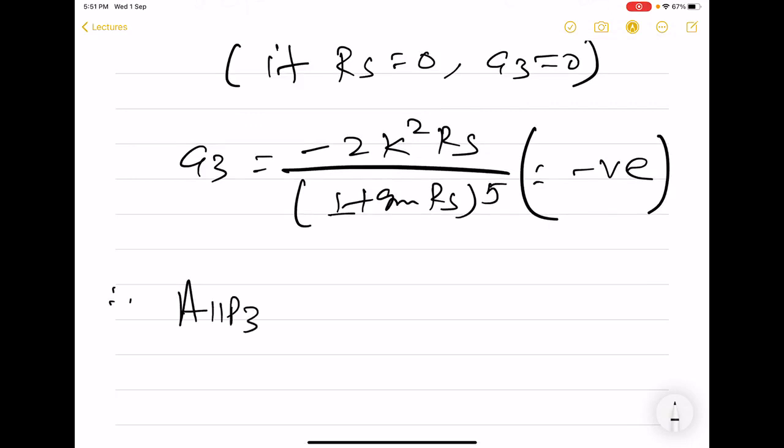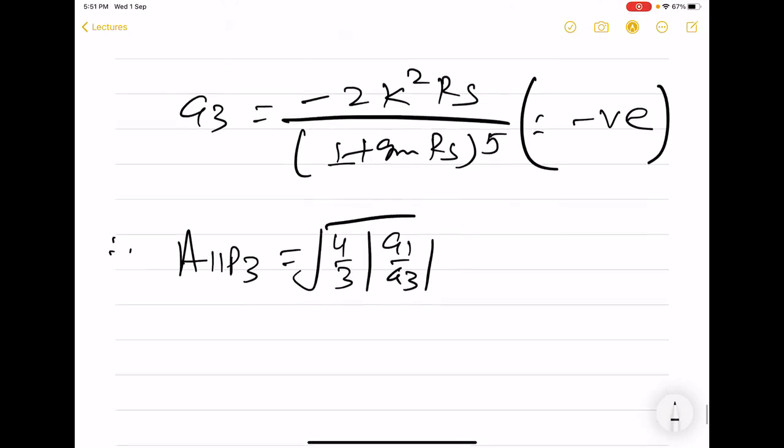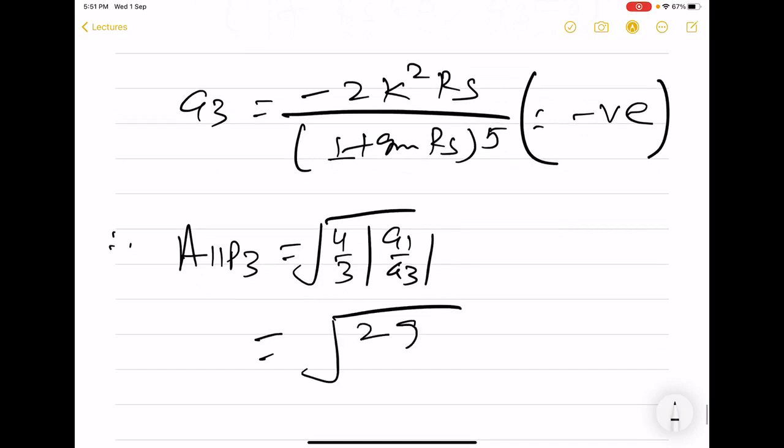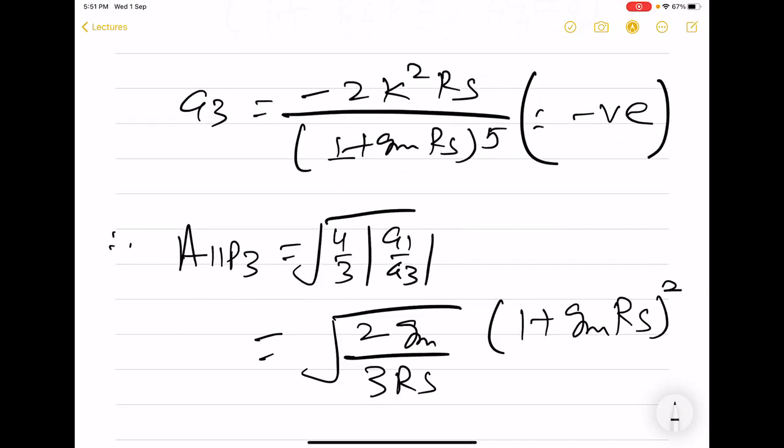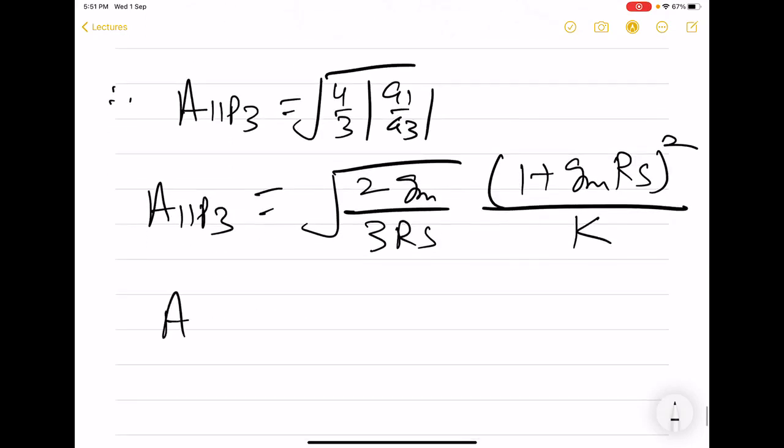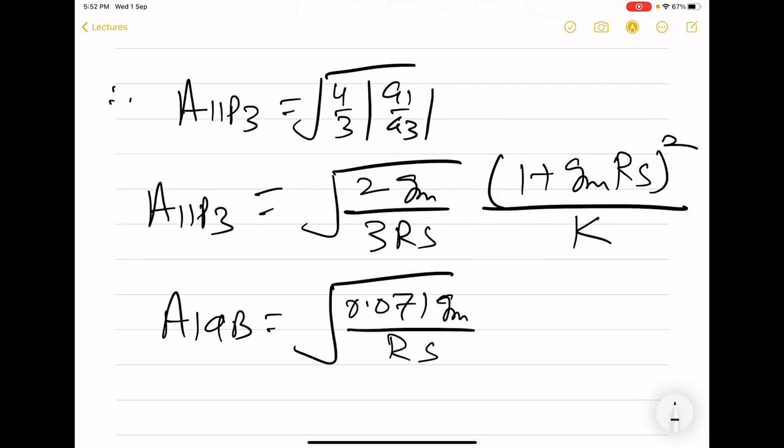Therefore, AIIP3, which is square root of 4 by 3 times A1 by A3, becomes 2 Gm by 3 Rs, (1 plus Gm Rs) whole square divided by K. And A1 dB will be 0.071 Gm Rs into (1 plus Gm Rs) whole square by K. So these are the final expressions for these two parameters.